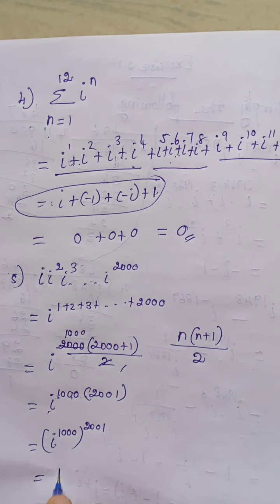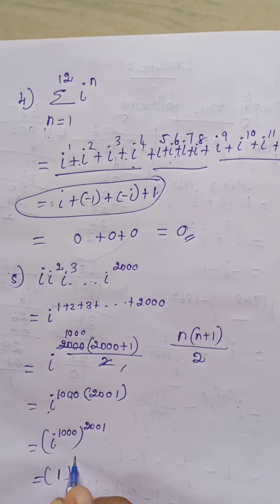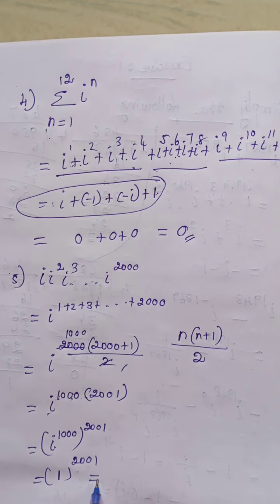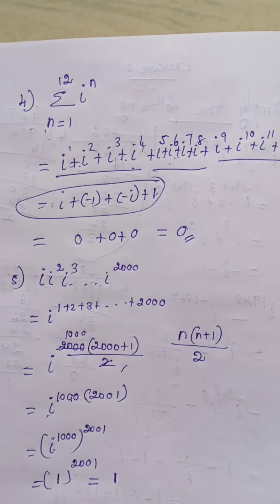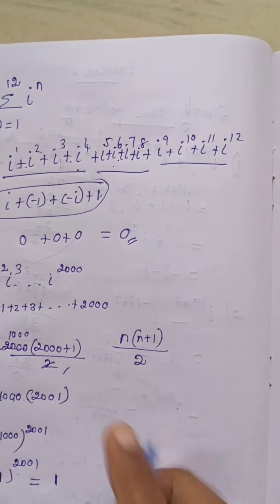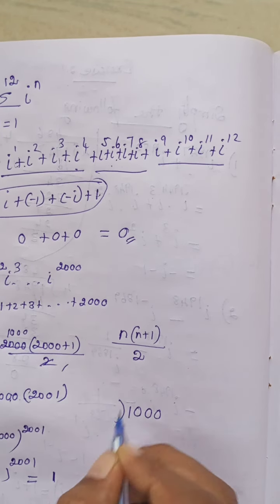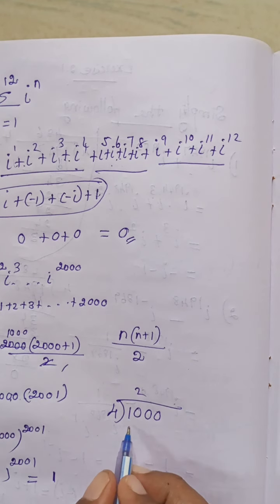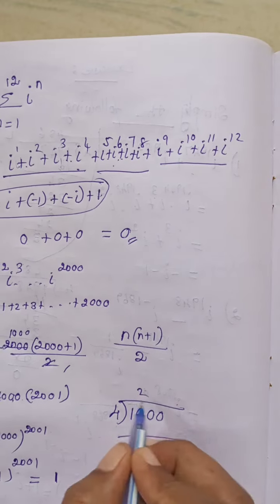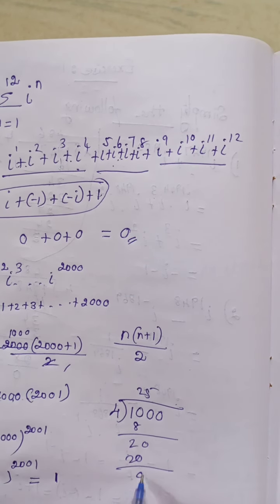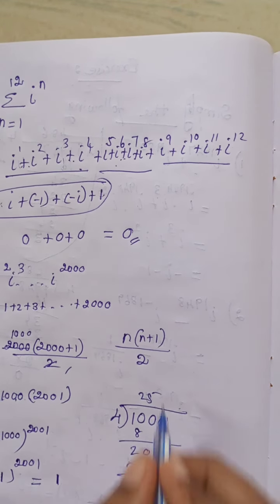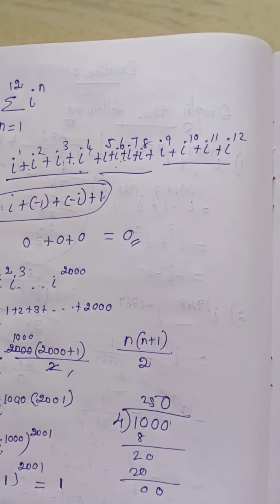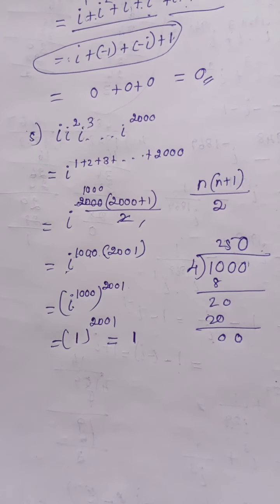So automatically we will get the answer 1. 1 power 2001 is equal to 1. Since it is divisible by 4, or else if you want, you can divide and check it. 2 4s are 8, 5 4s are 20, no remainder, but again we have 0 there. Is that clear?